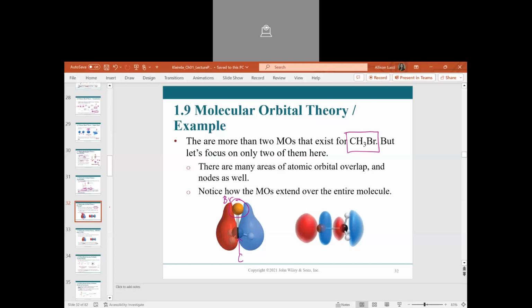What we see is that there are two molecular orbitals shown. There are more than two molecular orbitals that can exist for CH3Br, but we're going to focus on two here below. We see some orbital overlaps, but the main thing that we're looking at here is how these molecular orbitals are extending over the whole molecule, not just one atom.